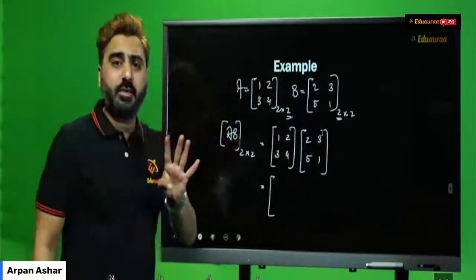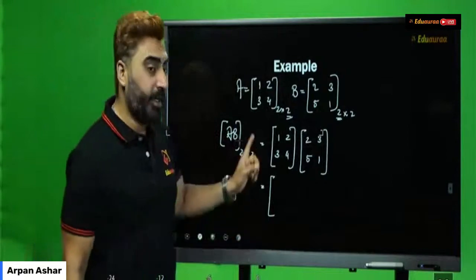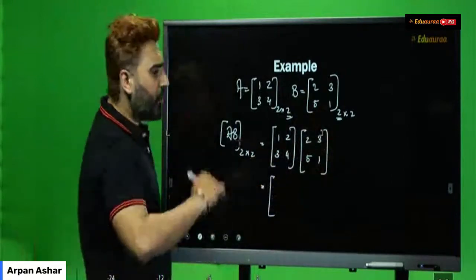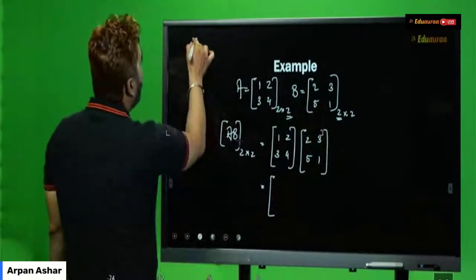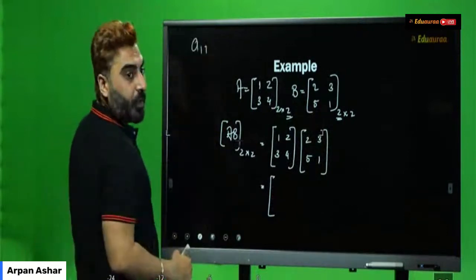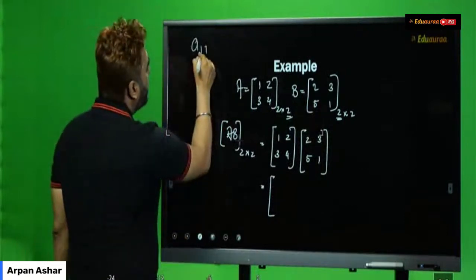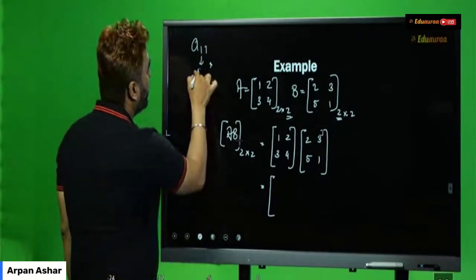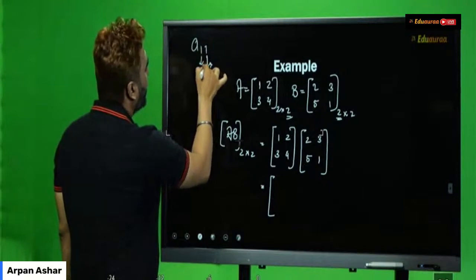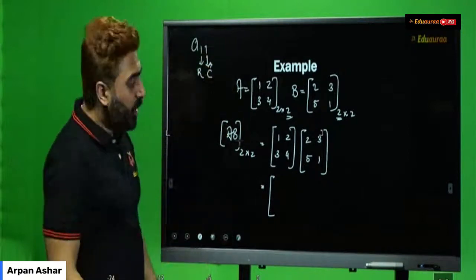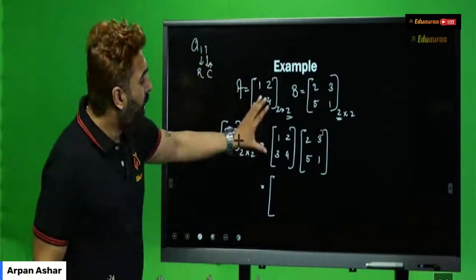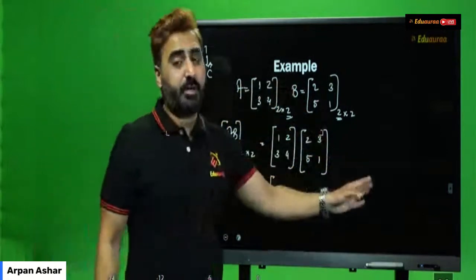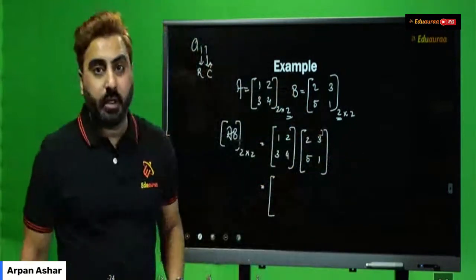So how to multiply? Now students, tell me one thing. Which 4 elements we are supposed to find? We are supposed to find A11, A12, A21, A22. A11 जब हम लिखते हैं, मैंने स्टार्टिंग में बोला था that the first number represents rows and the second number represents columns. So remember one thing. पहले मैट्रिक्स के हमेशा रोज कंसिडर करने हैं, दूसरे मैट्रिक्स के हमेशा कॉलम कंसिडर करना है.